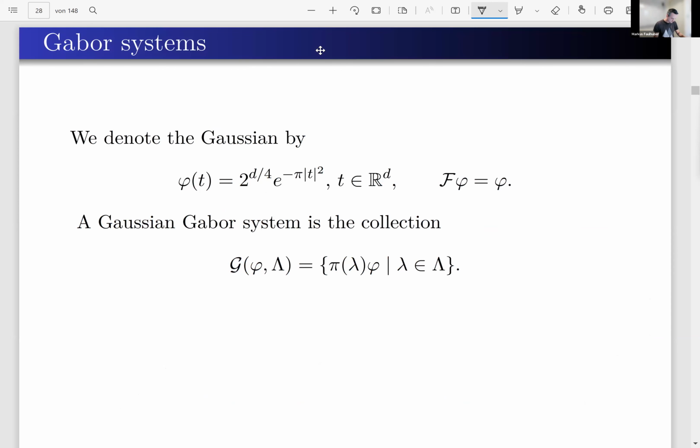And then we take the time-frequency shift. So recall, this is a modulation by omega and a translation by x of phi. And we pick these time-frequency shifts with respect to some discrete set lambda, which in the sequel I will always assume is a lattice. For the general theory, it's not necessary, but the results we obtain are only for lattices.